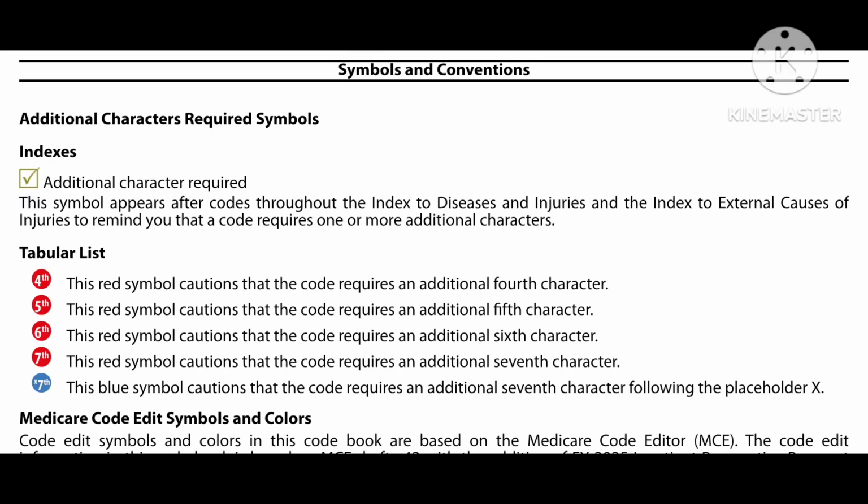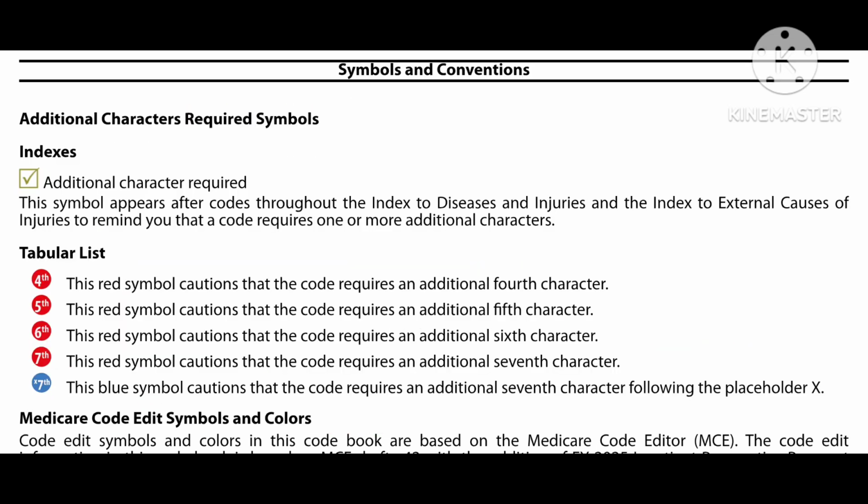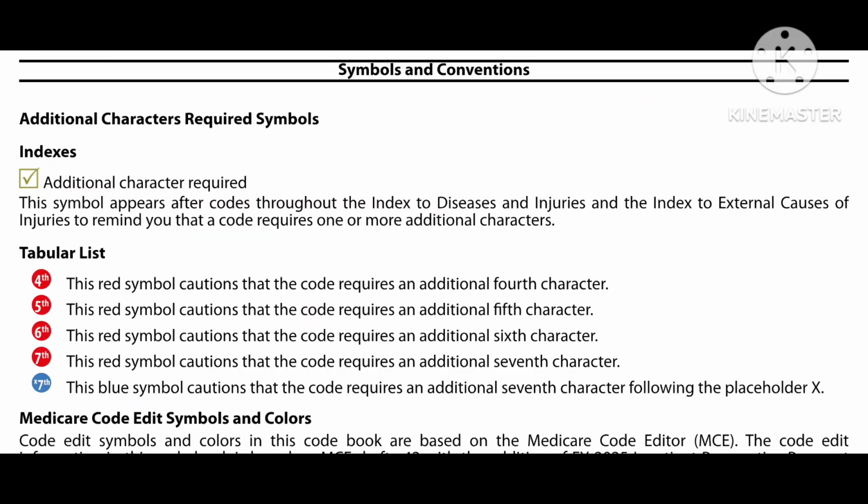If the code specifies that you need an additional character, you have to give that. For example, before the code you will find a circle, and within the circle you will find a number like 4th, 5th, 6th. That says that you need a 4th character for this particular code to be reported, a 5th character for this code, and so on until the 7th character. Sometimes you will also find the 7th character circle in blue color.